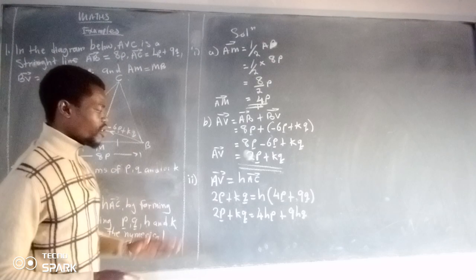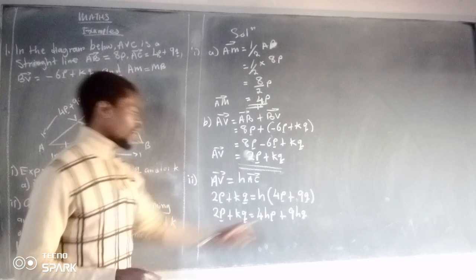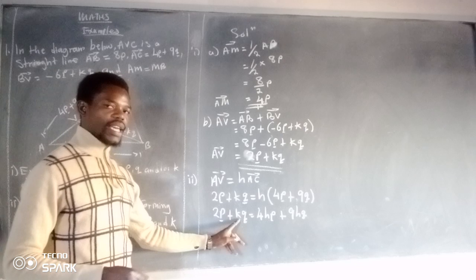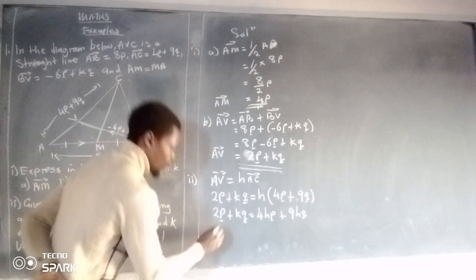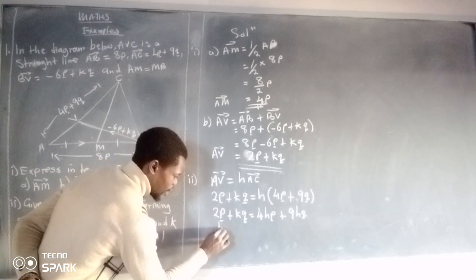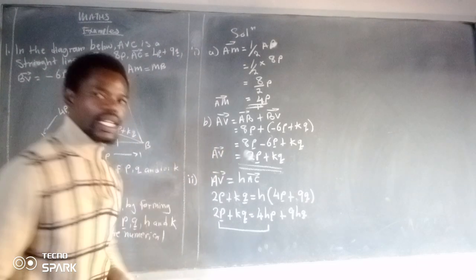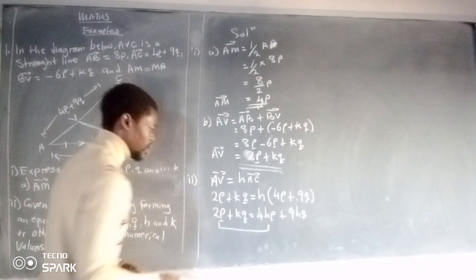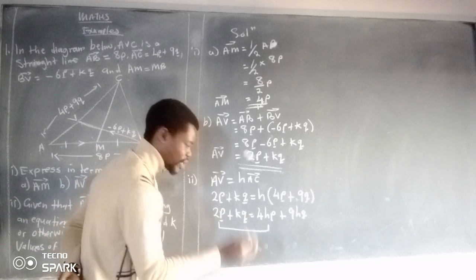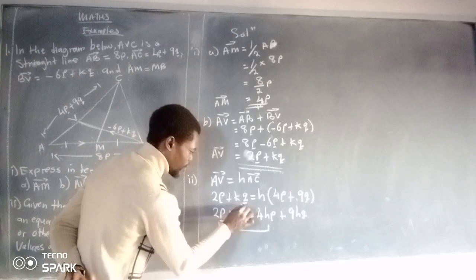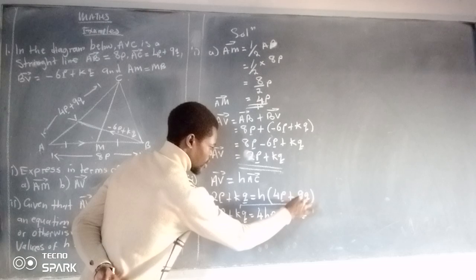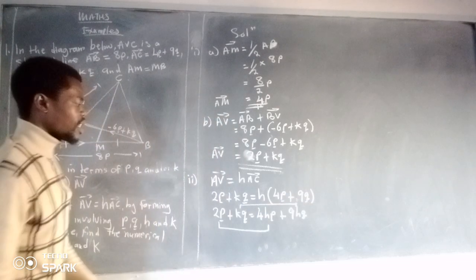So now, how do we find the value of H and the value of K? In other words, you can just equate them by equating those terms. So equate the second term with the second term on the other side.